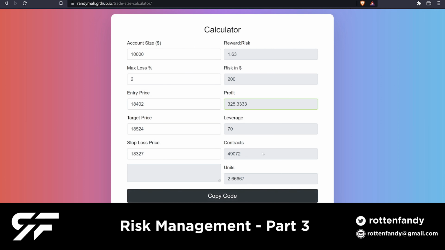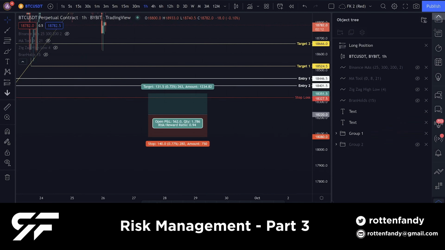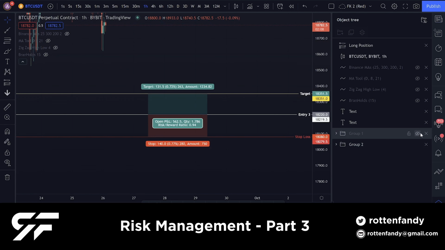So let's say if we are doing this, and that there's a scenario that we're looking at, right? But what if we actually use scenario number 2, which is right here? What type of contract size are we going to be looking at, right?